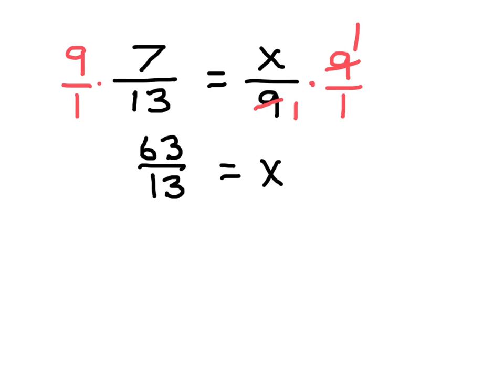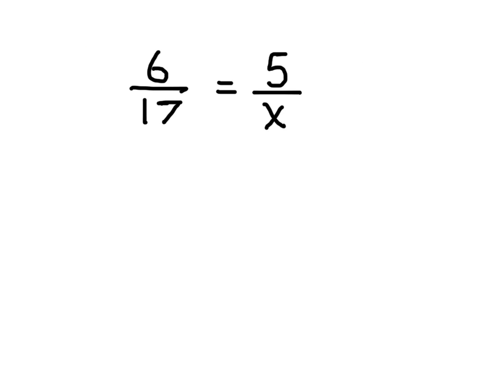So how'd you do? All right, now notice this problem, that if we go to undo division, we can't do that because x is in the denominator this time. So in this case, I would just say go ahead and cross multiply and then divide.